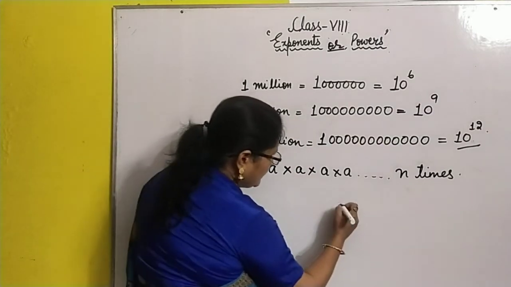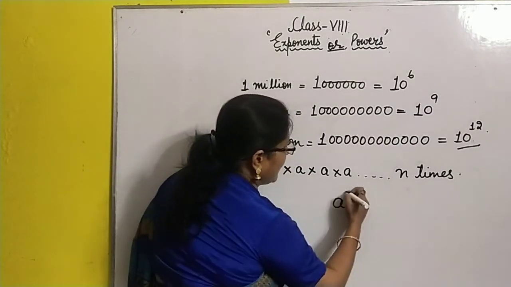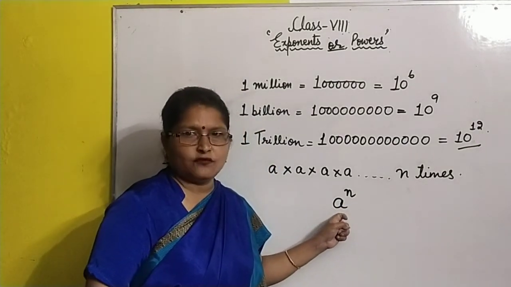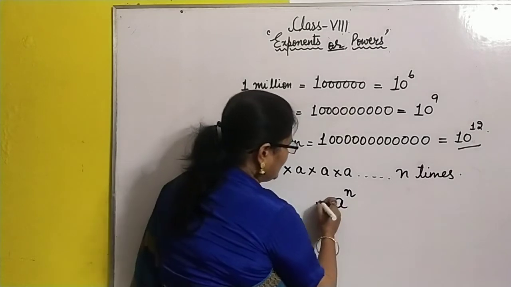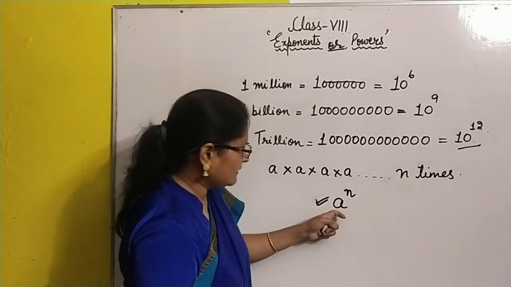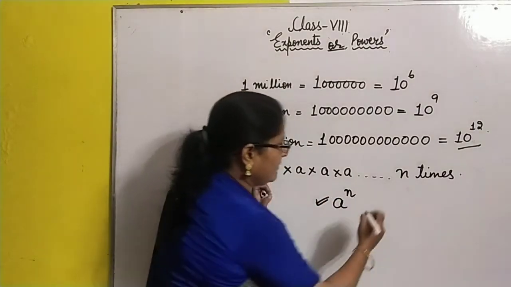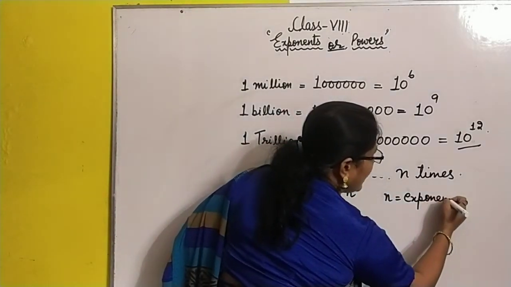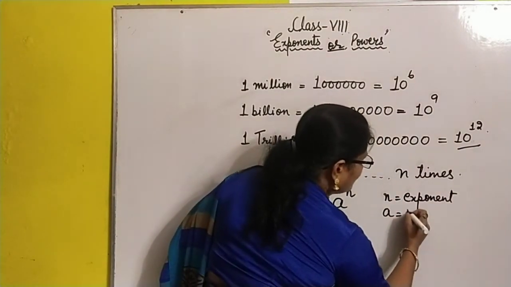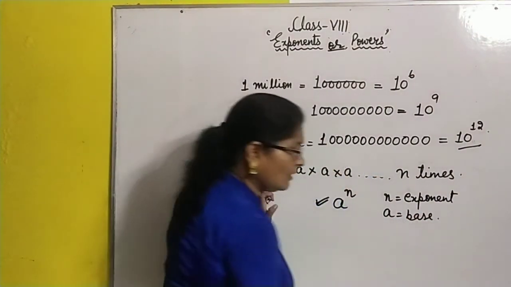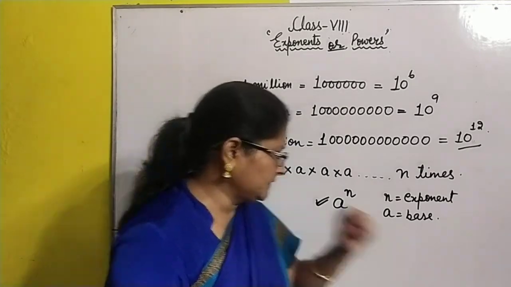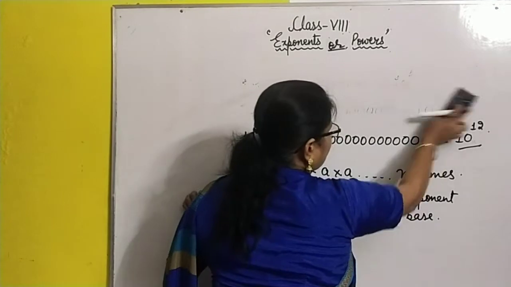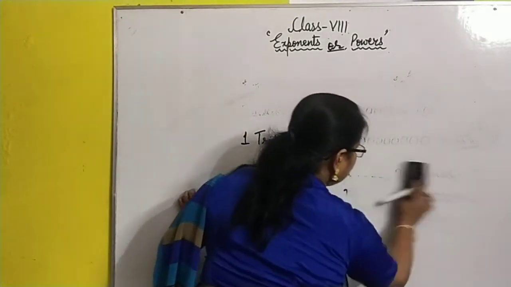This A is the base and n is the power, meaning A is written n times. You say A raised to the power n. Here n is the exponent and A is the base. In this way you can understand exponents and do the questions very easily.